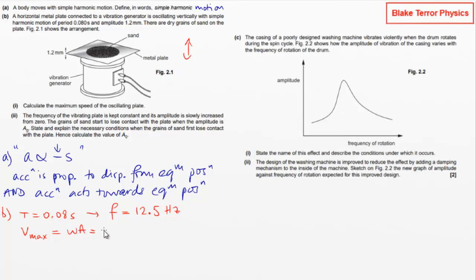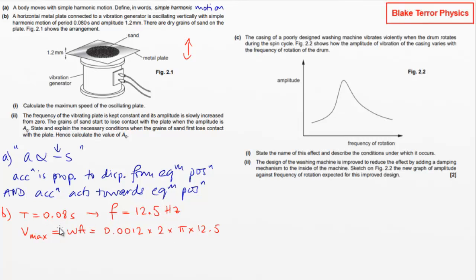And omega is 2 pi f. What was A? 0.0012. That's millimeters, isn't it? Yeah, because centimeters is 0 something. So that's 1.2 millimeters. That's our A, multiplied by 2 times pi times 12.5, which is our f.